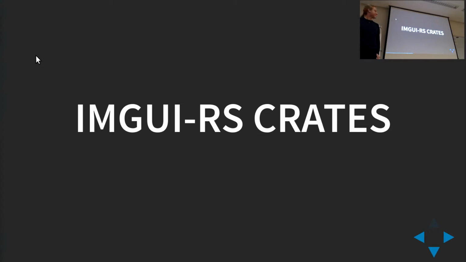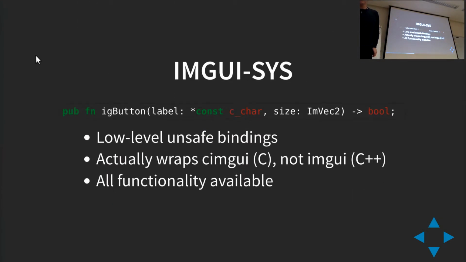So I already said something about the different things included in the library, but just a quick overview. The most low-level crate in the project is imgui-sys, which is basically just a collection of low-level unsafe bindings, all the possible functions that are available.